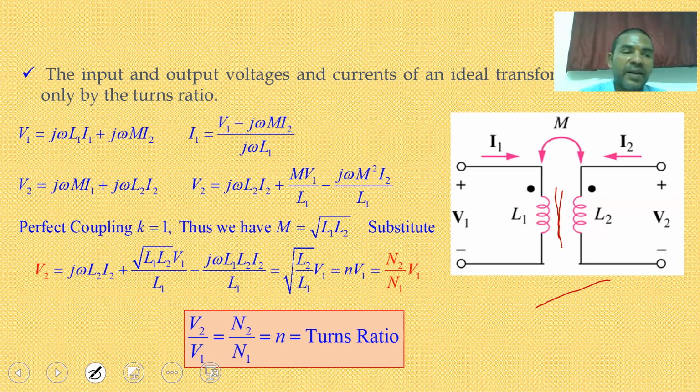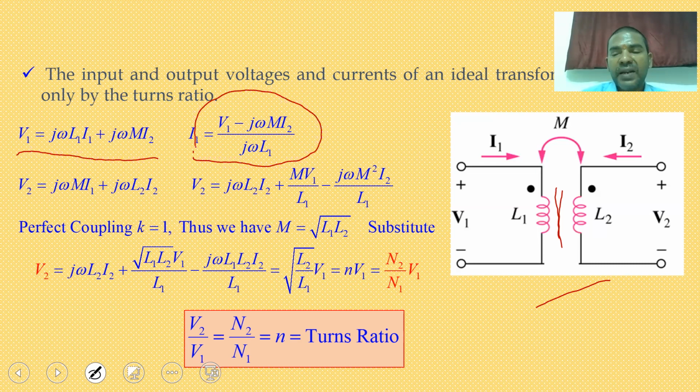Now I am writing the KVL equation for the primary side, that is, the first coil side. V1 is equal to j omega L1 into I1 plus j omega M into I2. From this equation, I1 is equal to V1 minus j omega M I2 divided by j omega L1.